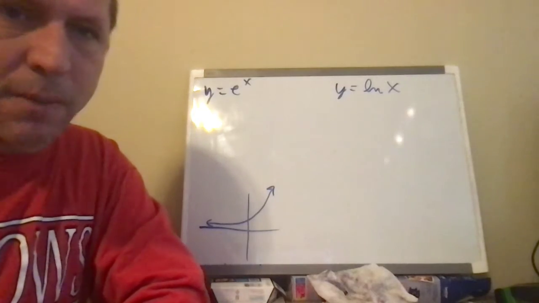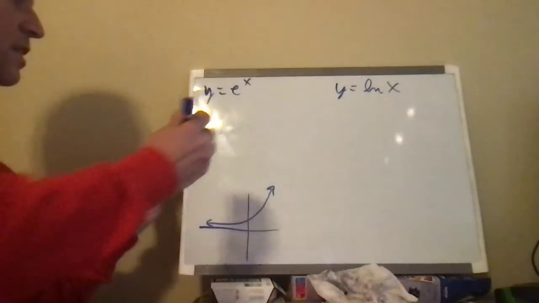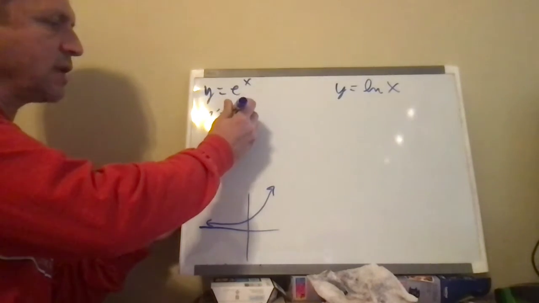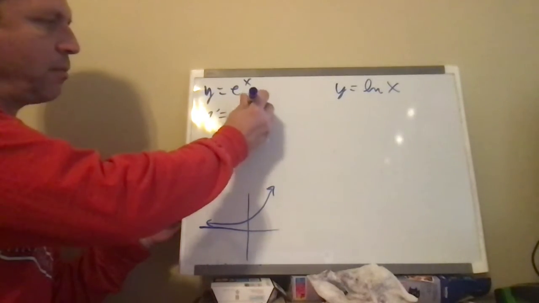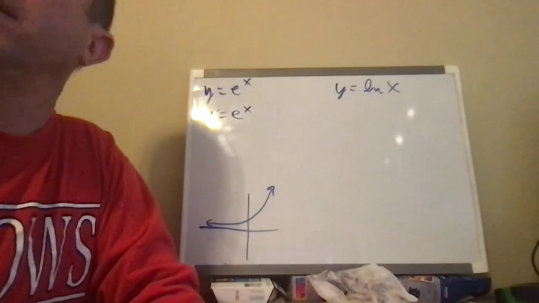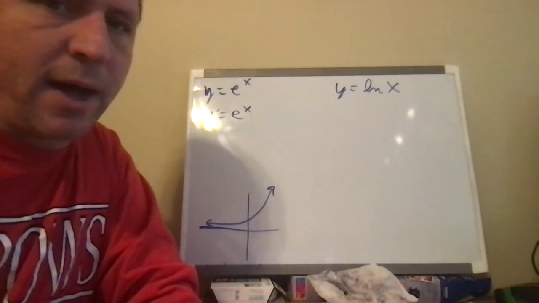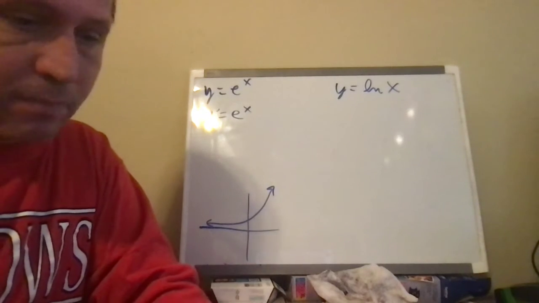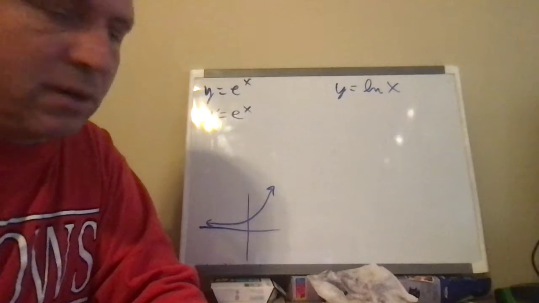So whatever the y-coordinate is at every point is also what the slope is at that point. So the derivative of this function is itself, e to the x. That's going to be a difficult one to memorize, I know.